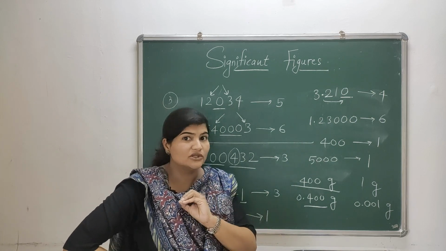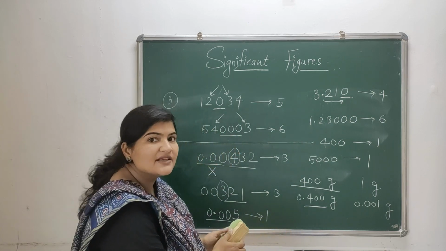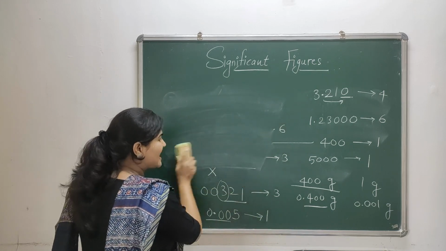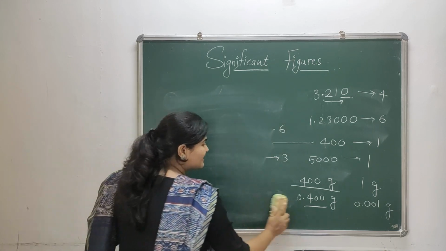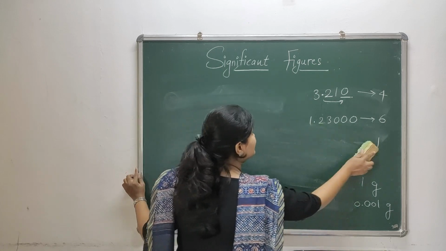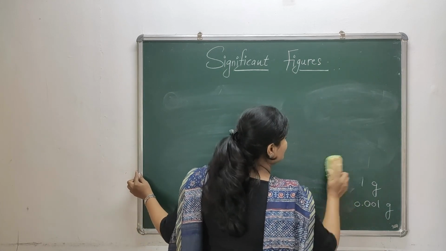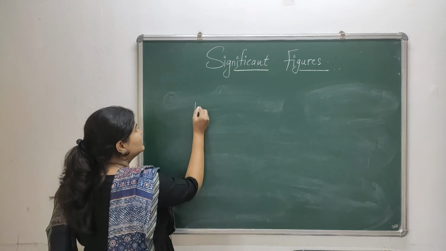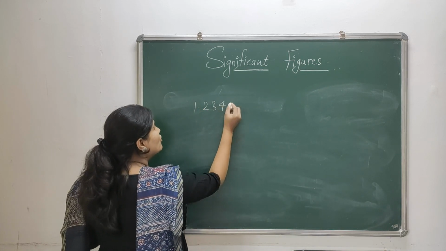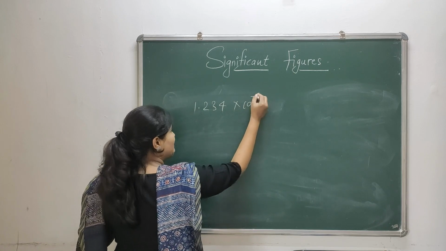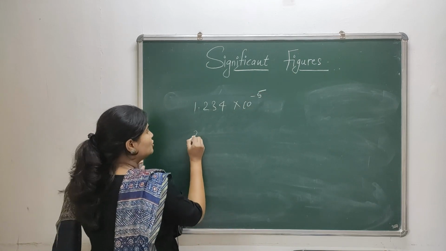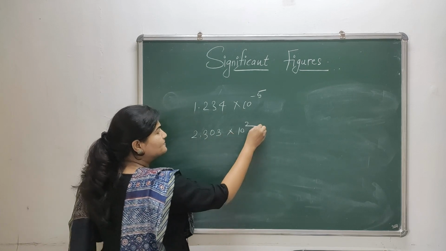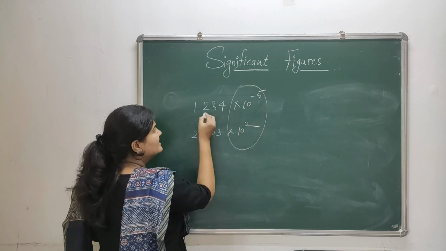Now one more rule states that if we are writing the numbers in scientific notation, then all the digits in the scientific notation will be significant. So if I am having a number 1.234 into 10 raised to minus 5 or 2.303 into 10 raised to 2, forget about the power.